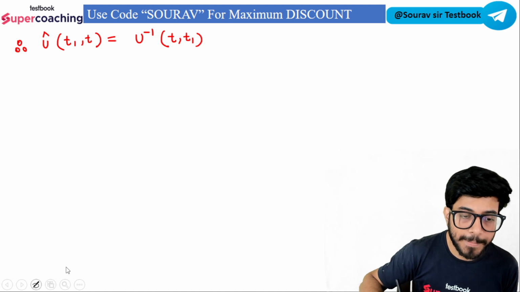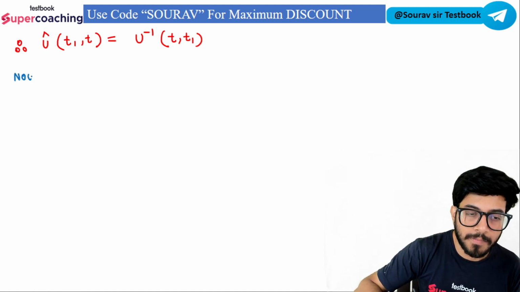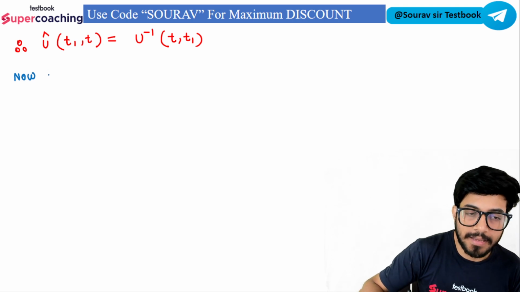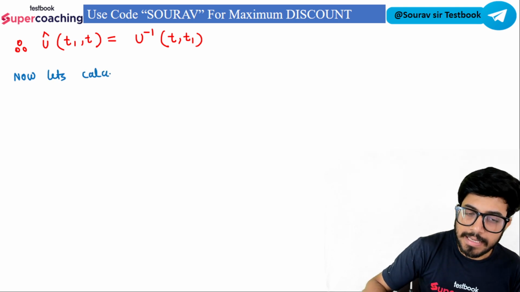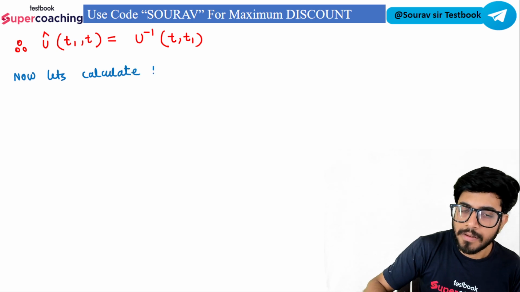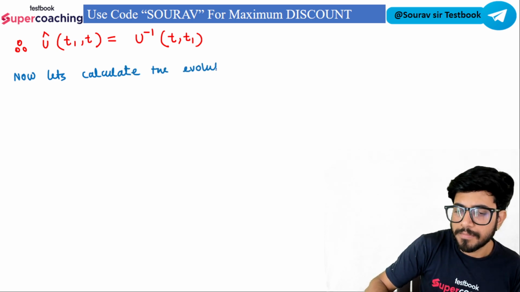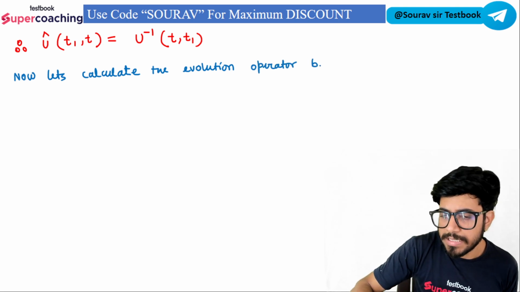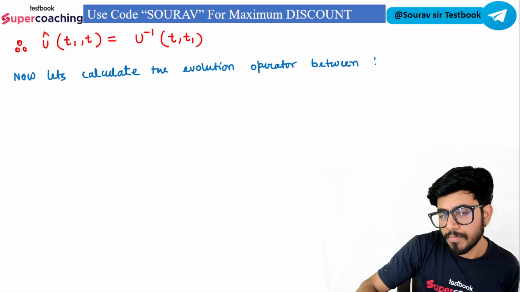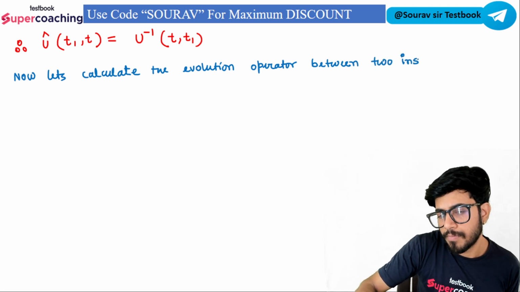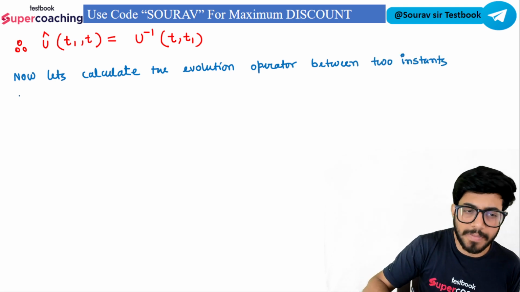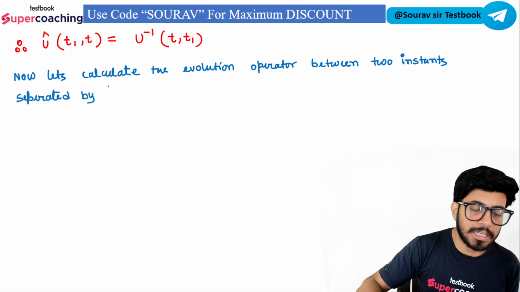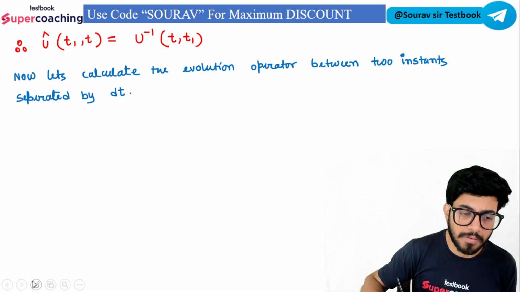Now, let's calculate the evolution operator between two instants separated by dt. So what can you write?